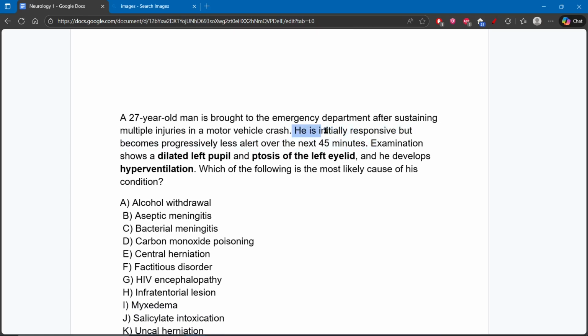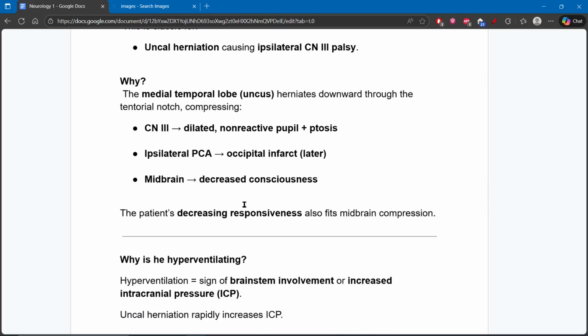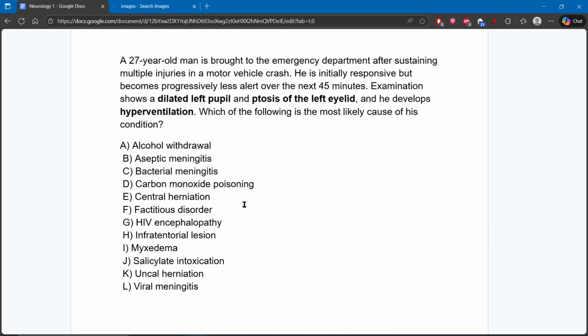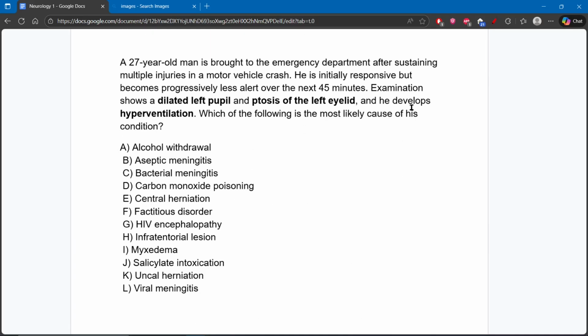You can read that he is initially responsive but becomes progressively less alert over the next 45 minutes. So looking at these clues, it is a very subtle point presented in the question, but a very easy question nonetheless: there is a history of trauma, then there is decreasing responsiveness, and then there is the dilated left pupil and ptosis of the left eyelid.